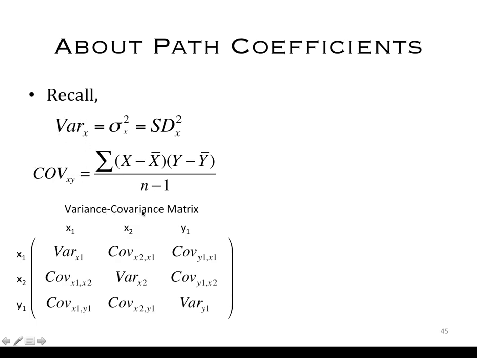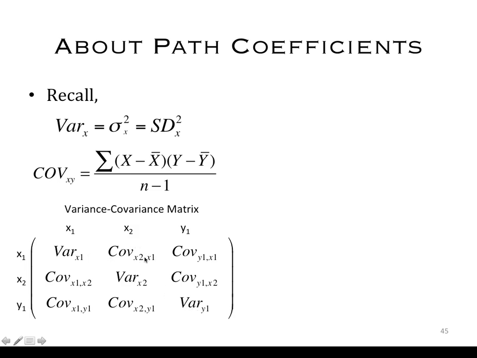So then our variance covariance matrix is basically just telling us about the relationships between the variables in our model. We can think about it as a matrix where we've got x1, x2, and y1, assuming those are the only variables in our model. The variance has to do with x1 and x1, right? So the variance of x1, the variance of x2, and the variance of y1.